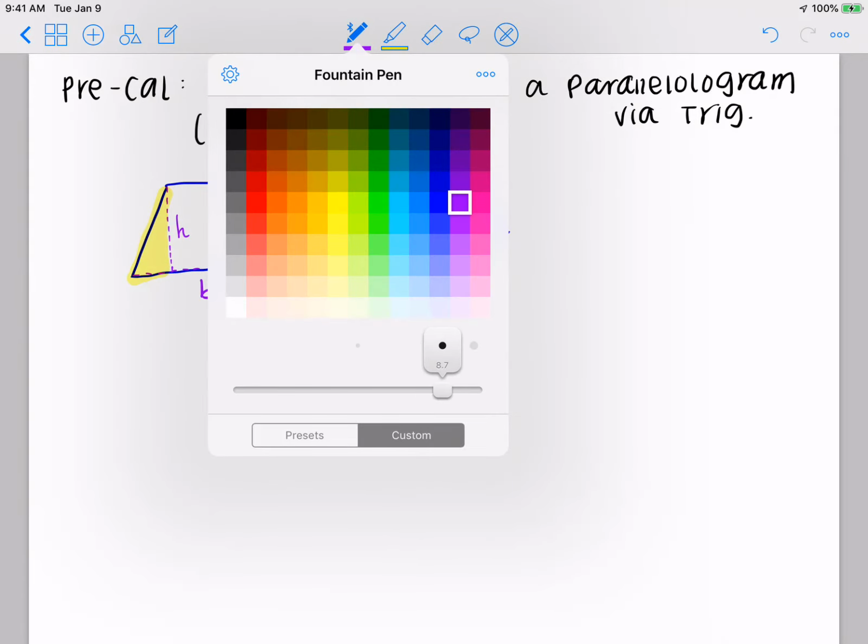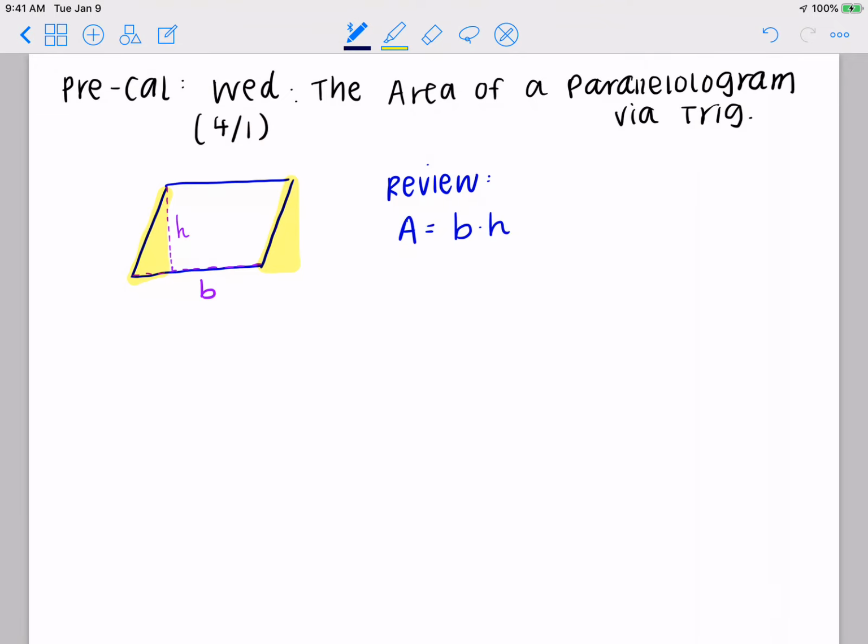And then if I move the triangle over here, you would see a rectangle is formed, and we just need to multiply their length times width, which in this case is b and h. So that's how the formula for the area of a parallelogram is formed.